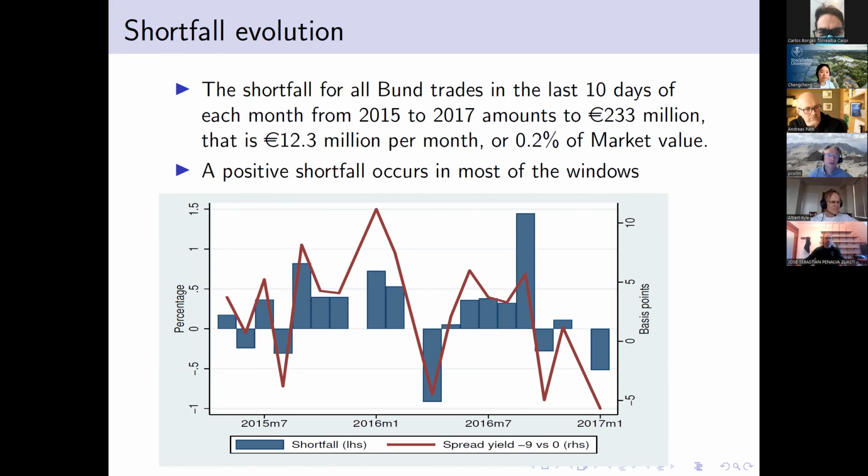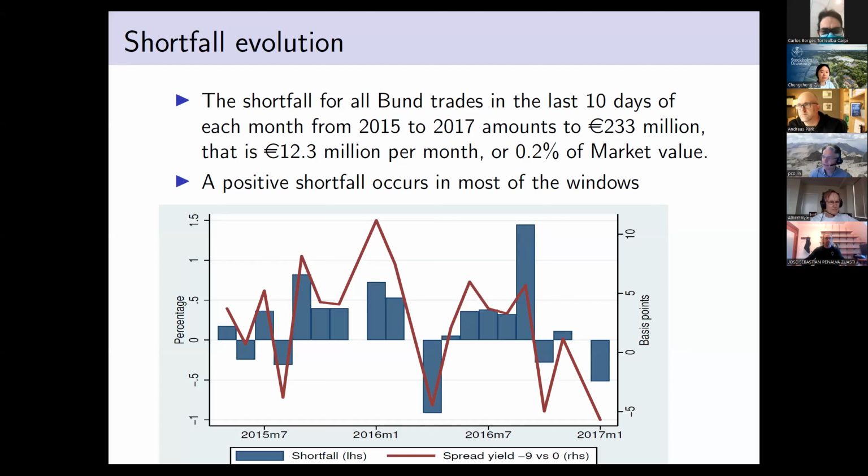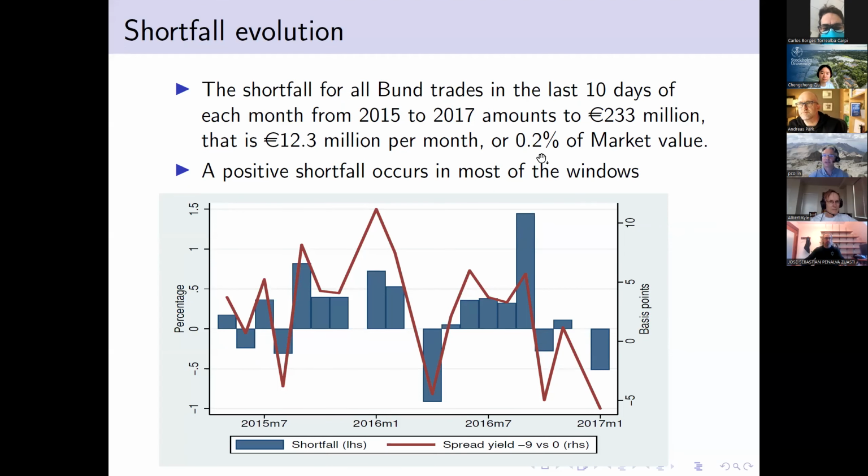My apologies. I think first of all, we have to put this into perspective. 233 million sounds like a lot, but, sorry, you still see my slides, right? Yeah, 233 million sounds like a lot, but it's only 20 basis points of the total amount purchased. It's in the eye of the beholder whether 20 basis points is large or not.